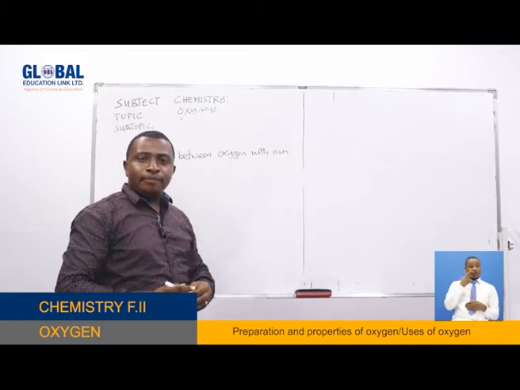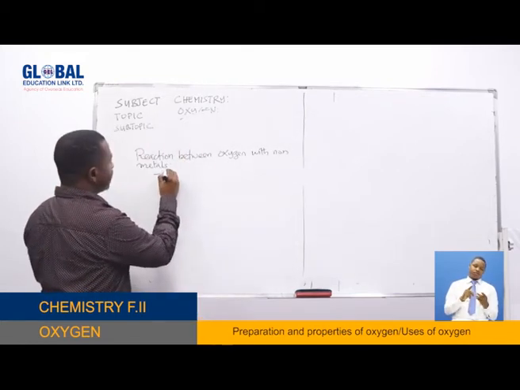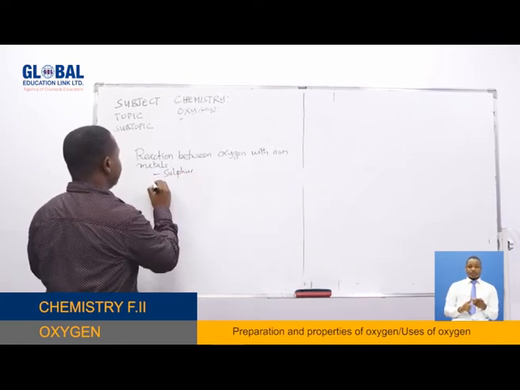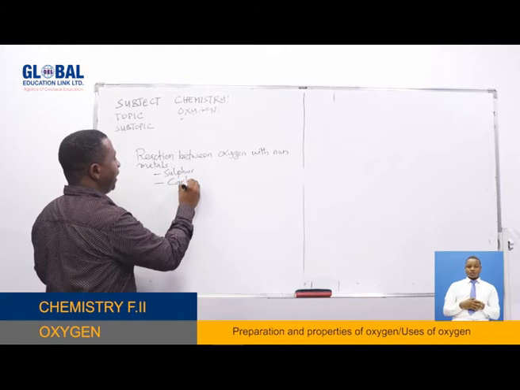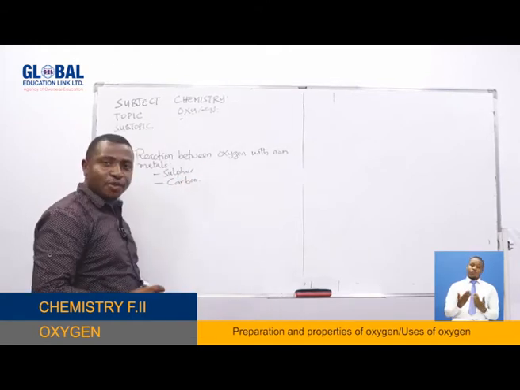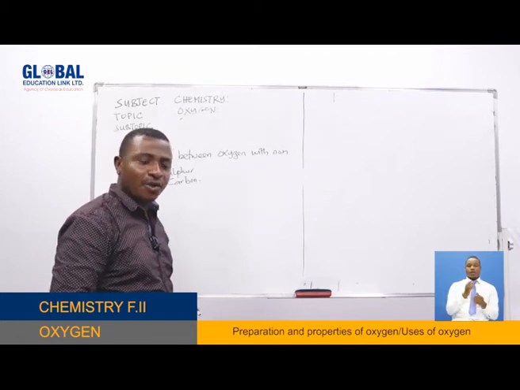Let us have some examples of nonmetals. Nonmetals like sulfur and carbon. Now, dear students, when nonmetals react with the oxygen, they form acidic oxides.